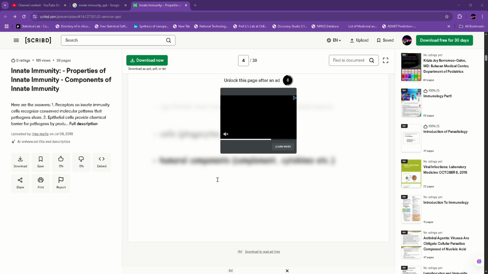So the first barrier is the anatomic barrier. Due to the anatomy of our body, the skin has multiple layers, keratin, epidermis and dermis, and has sebaceous glands which secrete sebum, which will reduce the pH of our skin and make it unfavorable for the growth of microbes.